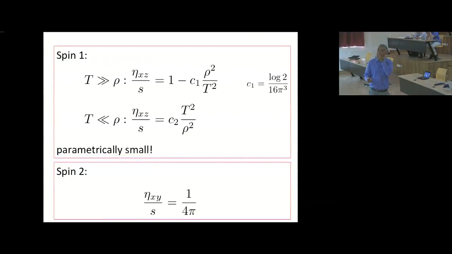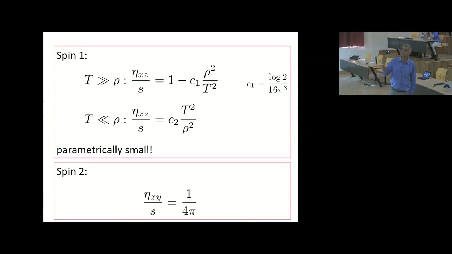Okay, now what happens if you compute the viscosity? So the viscosity at small anisotropy, where the temperature, so now you can heat the system up. I told you it was AdS5 going to AdS4 cross R, that's at zero temperature. Now you can heat the whole system up, easy enough to do. When the temperature is much bigger than the anisotropy, you expect the effects of the breaking of rotational invariance to be small, and eta over s, sorry, this should be 1 over 4 pi, excuse me.